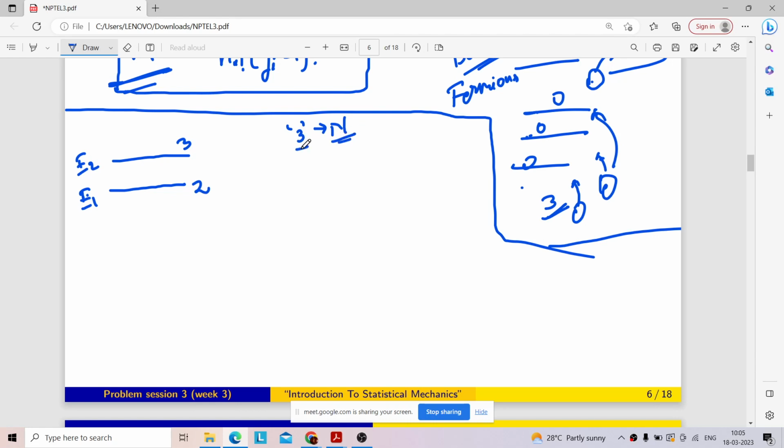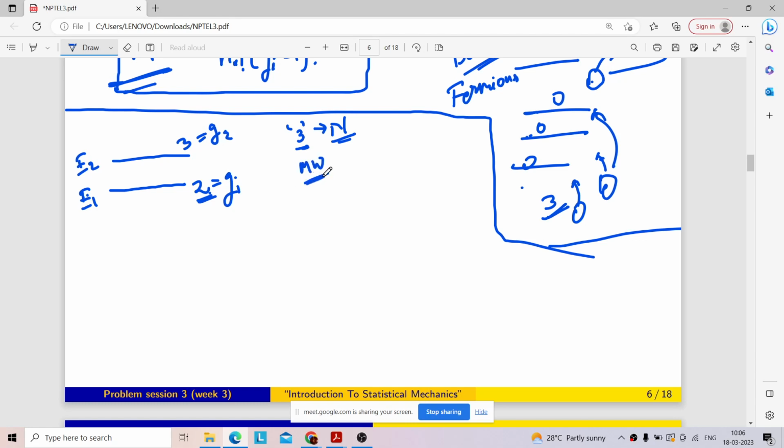We have a total number of three particles, and 3 is the degeneracy here. Let's denote this as G2 and this is G1. So you have to calculate Maxwell-Boltzmann.